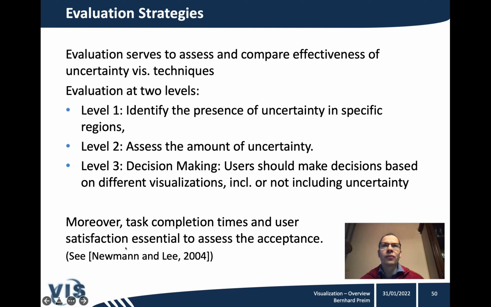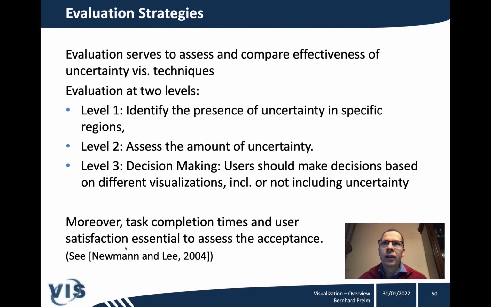And I would also ask for user satisfaction. I mentioned in the first video lecture on uncertainty that uncertainty visualization aims to trigger system 2 thinking, which is not comfortable, which is slow and conscious. So it would not be surprising if user satisfaction is not very high with uncertainty visualizations.